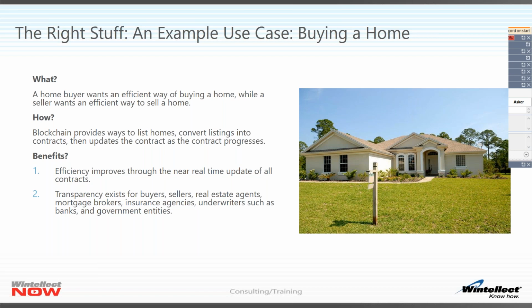So and so paid me escrow money, or I was able to get the underwriting taken care of. And as you advance the home buying process along, you could use a smart contract as a way to say, hey, the buyer has secured the funds to purchase this home, or hey, the listing agent has been paid their listing fee, and or the seller's agent has been paid their commission, or something like that.